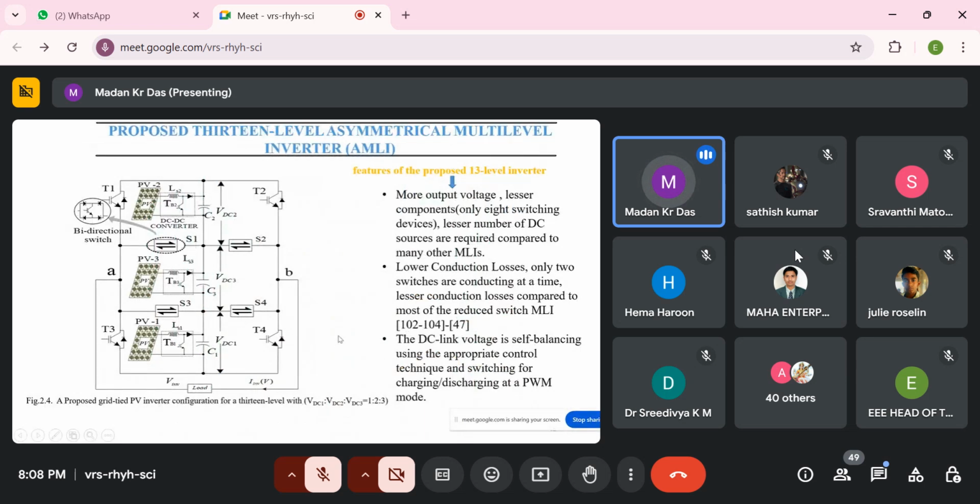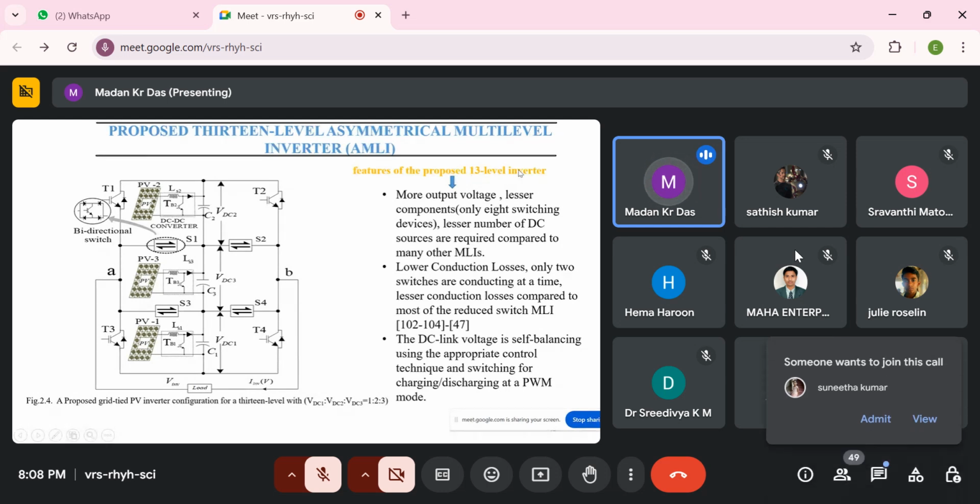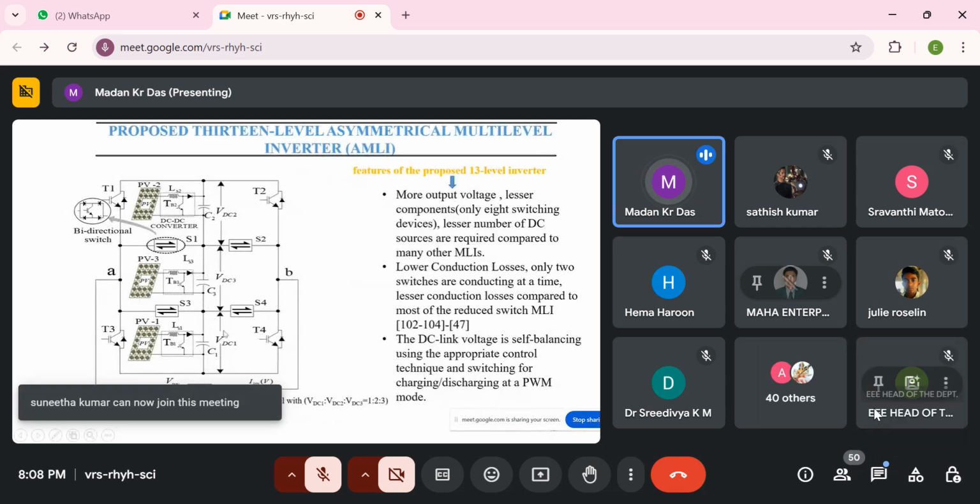Now this inverter will be extended by adding switches S3 and S4 and one DC source. Then it will generate a 13-level output voltage, with the ratio 1 to 2 to 3. This is 1, this is 2, this is 3.